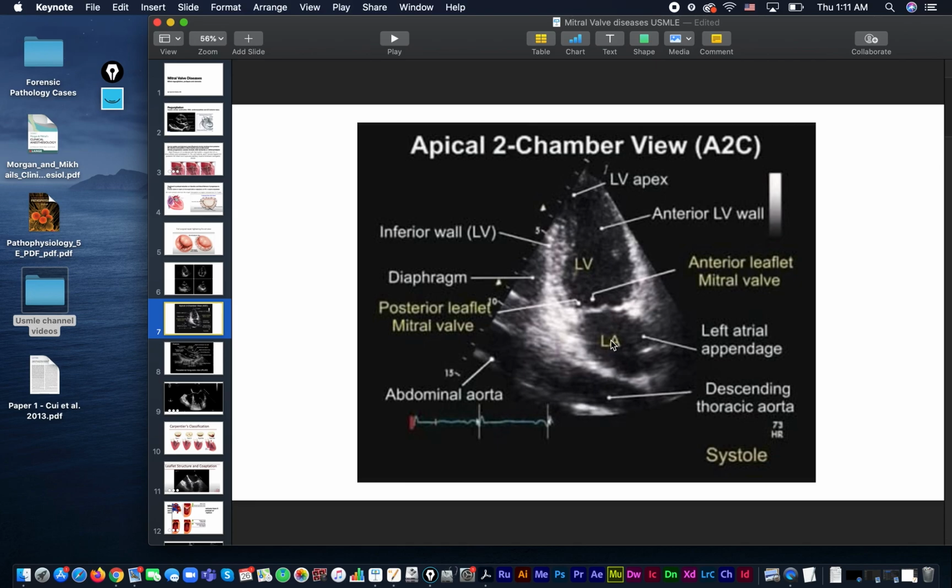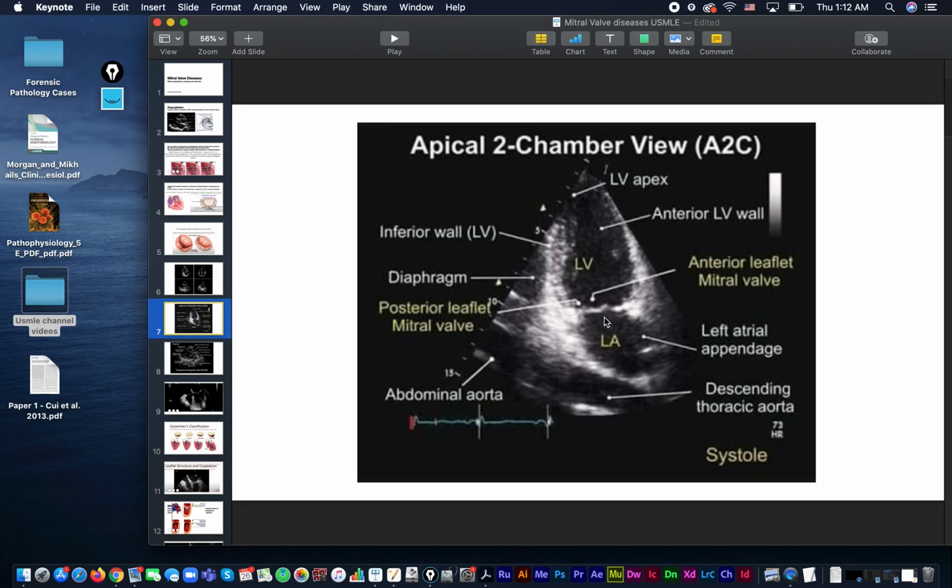So in the 2-chamber view, the descending thoracic aorta is linear, transverse, but in the lateral apical long parasternal axis view, it's a circle because of the different visualizations.